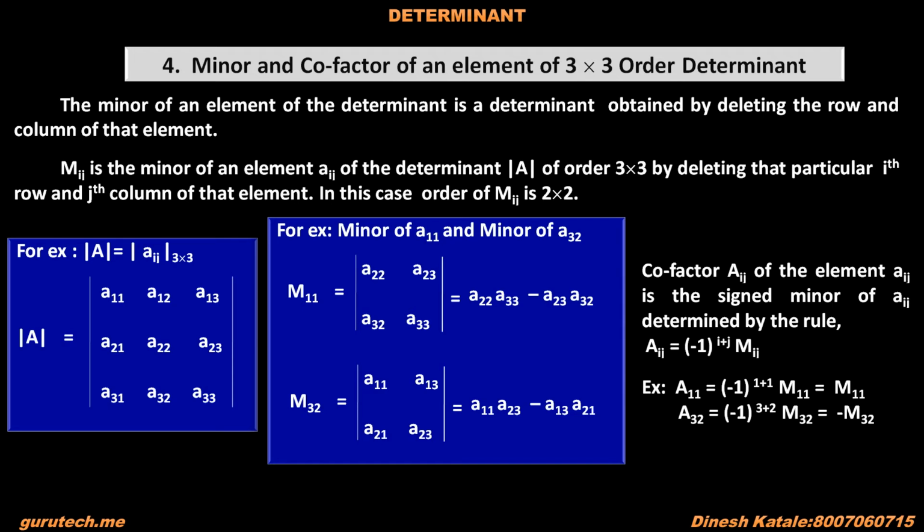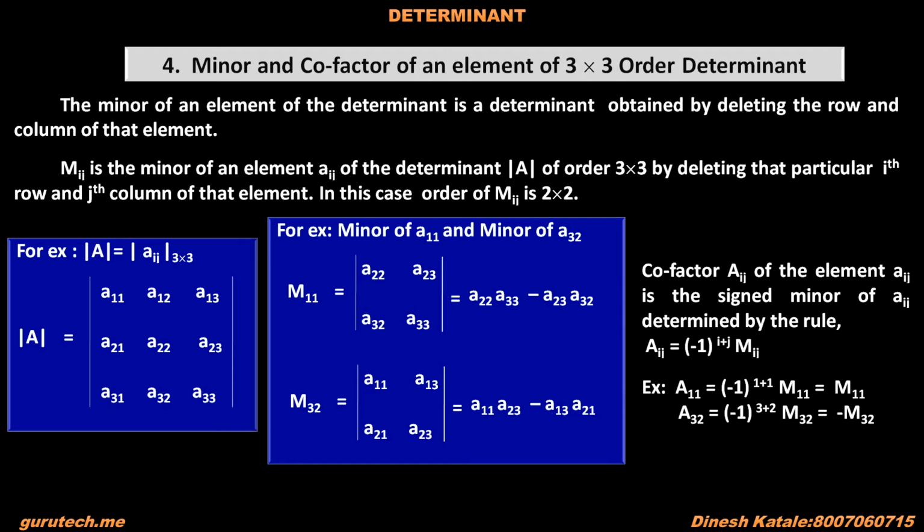In easy words, we can say that cofactor of an element is same as its minor, only change is of sign. Sign of cofactor depends on number of row and column. If sum of number of row and column of that element is even, then sign of cofactor is positive, and if sum is odd, then sign of cofactor is negative.